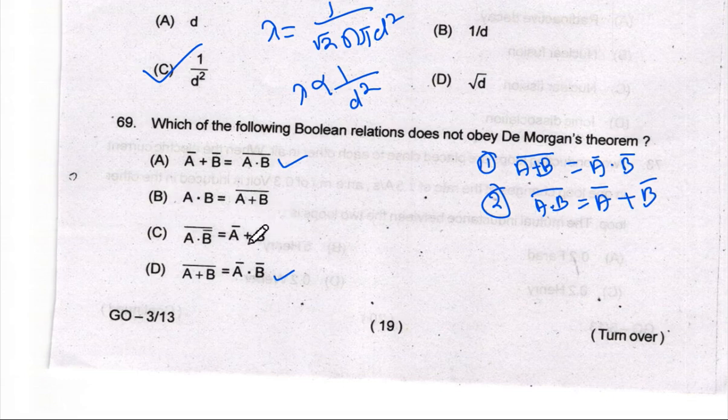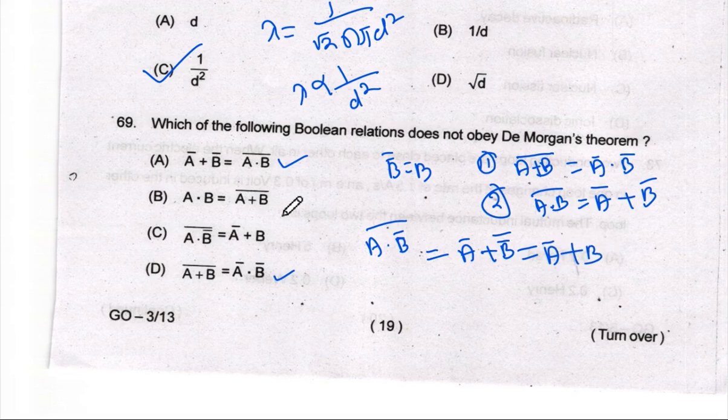If I look into C, I will mark it: (A dot B dash) whole dash. According to formula number 2, it will become A dash plus B. Already there is one dash, another dash, and there is a Boolean algebra rule that a double dash will become simply B. So I can write it as A dash plus simple B. So it is obeying in C. So this one is our answer, which is not obeying the Boolean algebra.